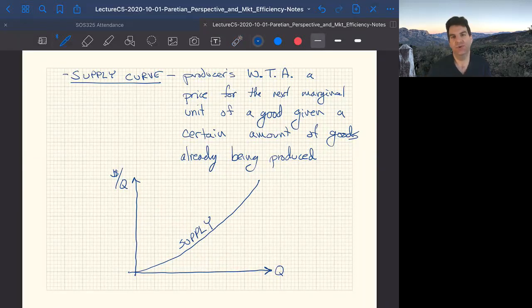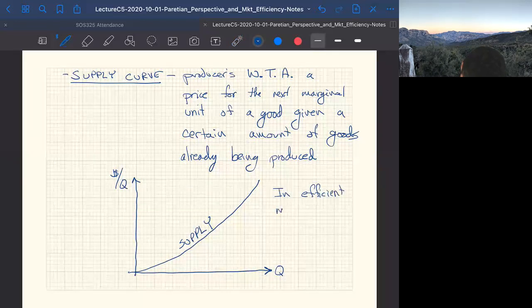And this relates to the costs of production. Generally, the marginal costs of production get larger as you produce more. And so in an efficient market, supply is equal to marginal cost.